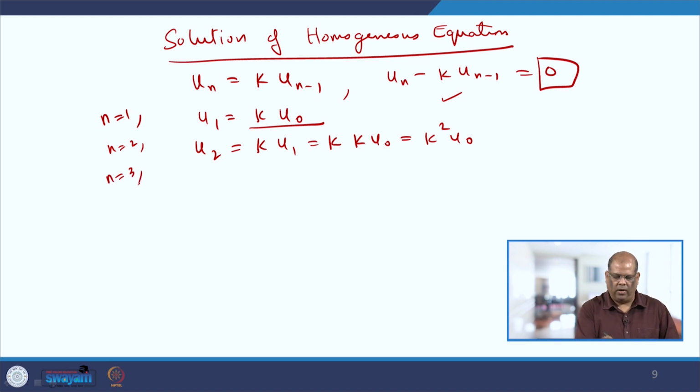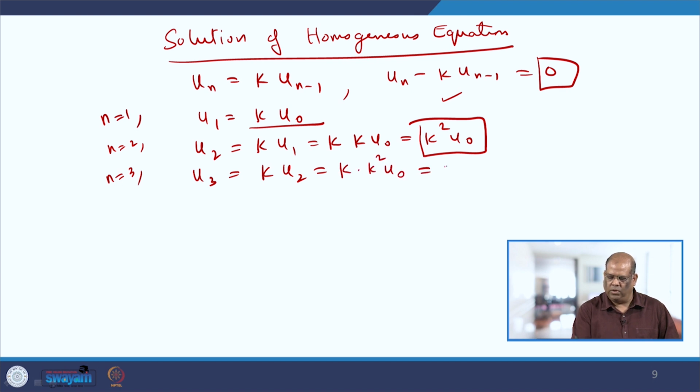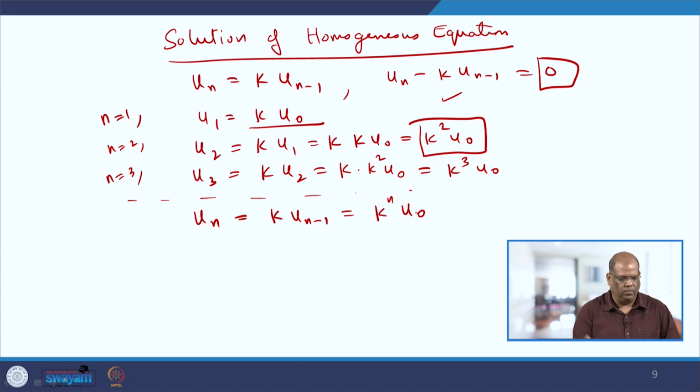N equal to 3, I get u3 equal to k times u2, and u2 we have already shown is k squared u0, so k times k squared u0 is k cubed u0. And we can continue like this, and you will get u_n equal to k^n u0.